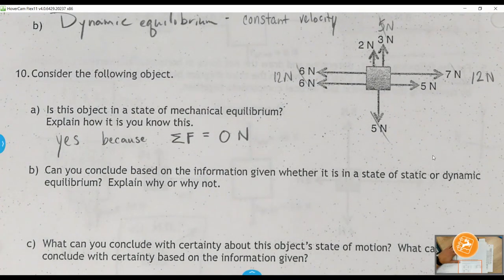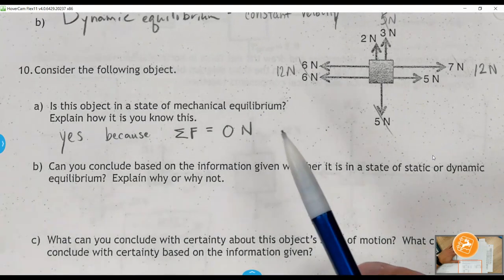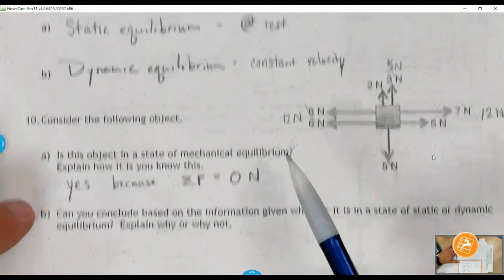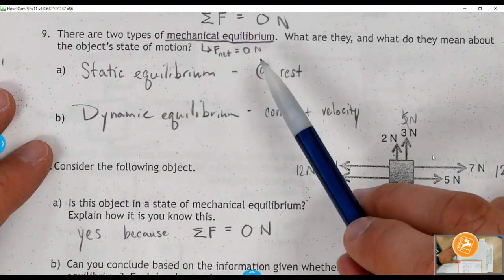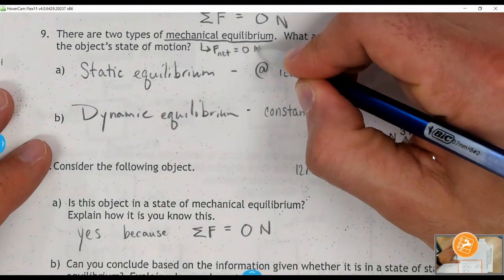Can you conclude, based on the information, whether this is static or dynamic? Explain why or why not. Well, all I know is that the net force is equal to what? 0. So if the net force is equal to 0, what could it be in, static or dynamic?